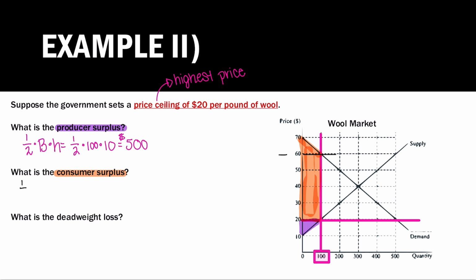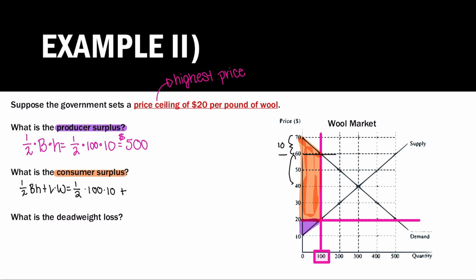So it's going to be 1/2 base times height plus length times width. So if we do the triangle first up at the top, 70 minus 60 is 10. So 1/2 times 100 times 10 plus the orange rectangle.